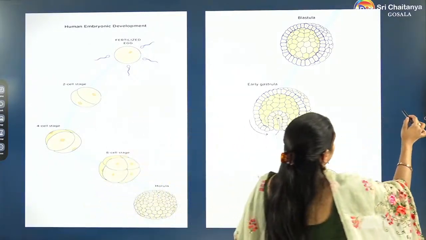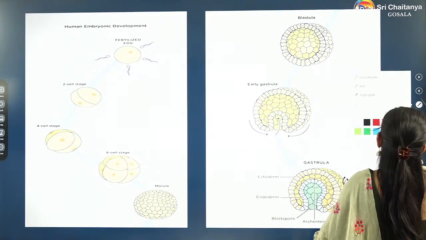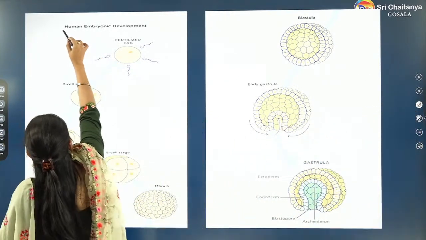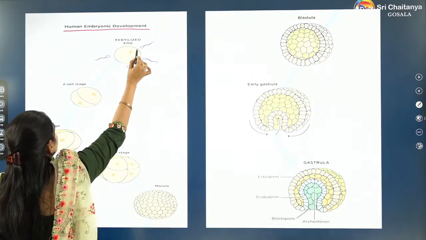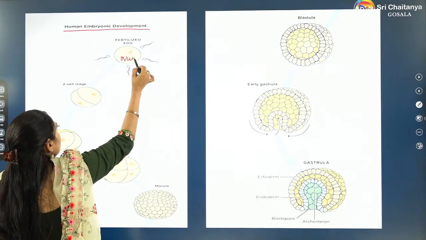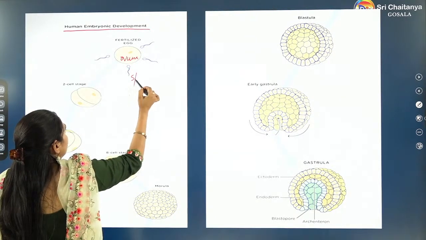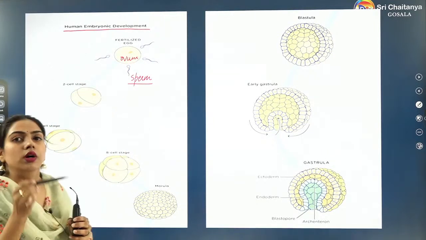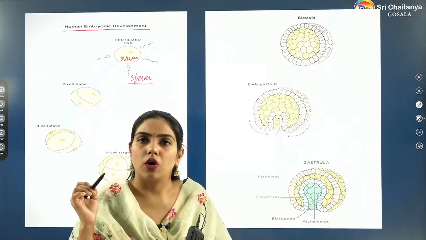Okay. Now just revising it quickly, then we will be done. If you see the human embryonic development, can you see that sperms are coming near to the ovum? This is the ovum, these are sperms, and obviously only one sperm is going to fuse with the ovum, alright.